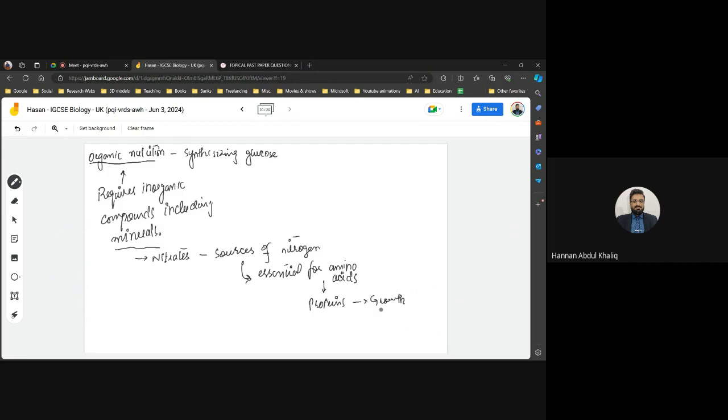So you can simply put it that if you lack nitrates, then the plant would be suffering with stunted growth. Stunted growth means incomplete or poor growth.